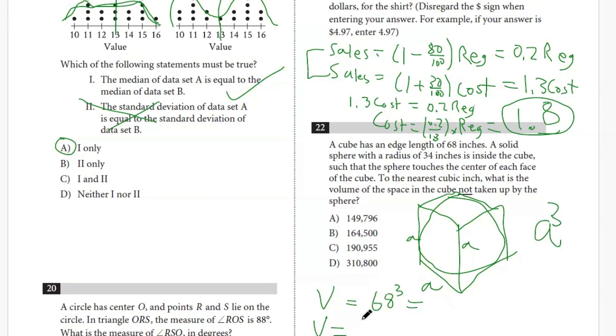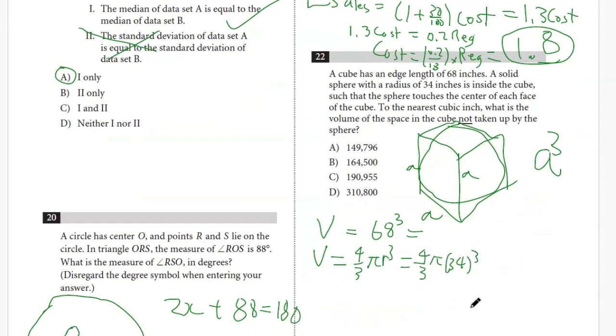And the volume of the sphere is 4 over 3 pi r cubed, which is equal to 4 over 3 pi 34 cubed. And all you have to do is very simple and straightforward. Just subtract the volume of the sphere from the volume of the cube.